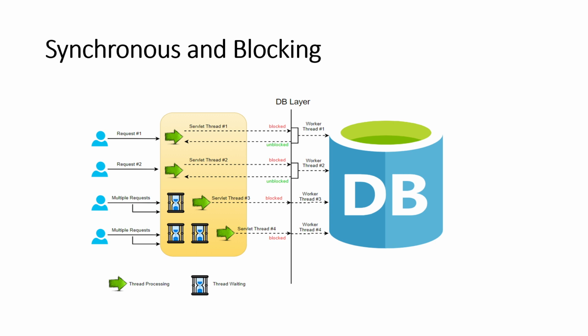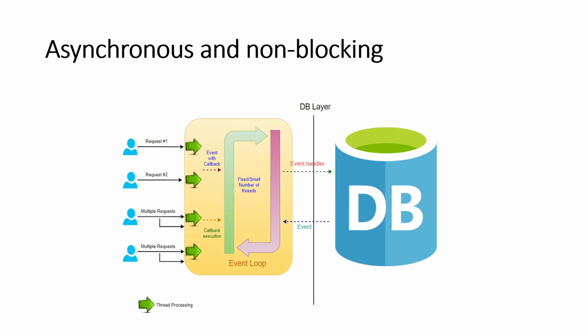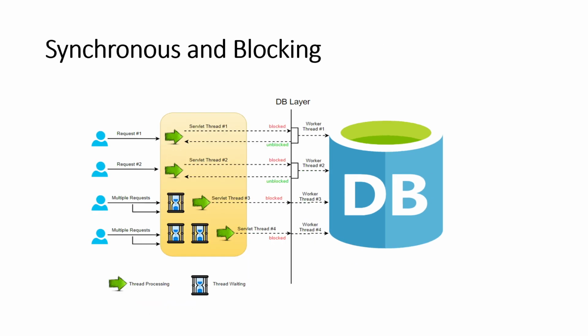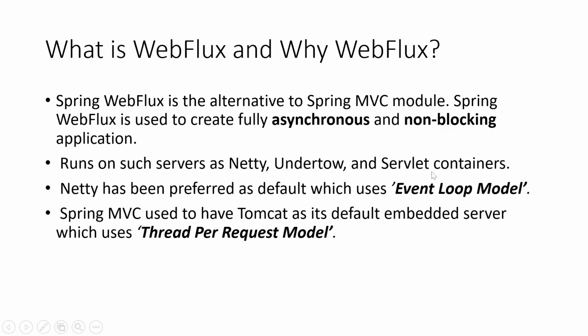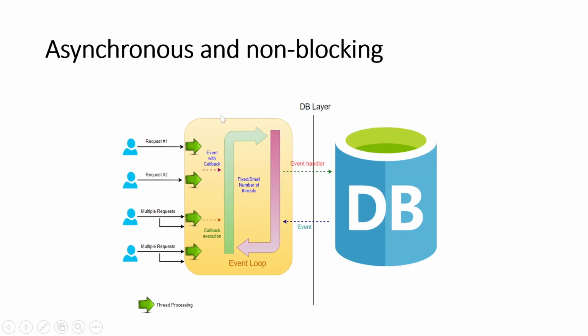In order to overcome this synchronous and blocking model, Spring WebFlux came into the picture. That is called the event loop model. The event loop model works asynchronously and non-blocking. Here we can see a diagram.